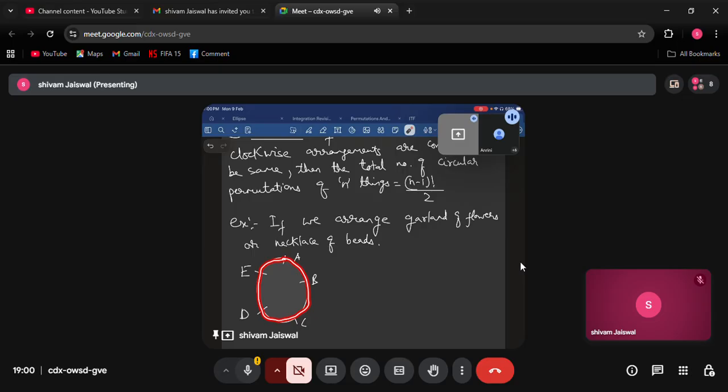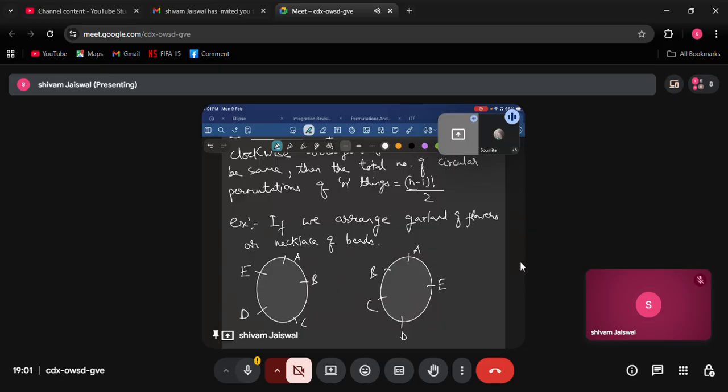Right. Tell me, everyone. You are holding the garland from here, looking at the arrangement in the clockwise direction. Yes or no? But the person behind the garland, according to him, the flowers are arranged in the anti-clockwise direction, right? On the other side of the garland, he will look at the arrangement like this.